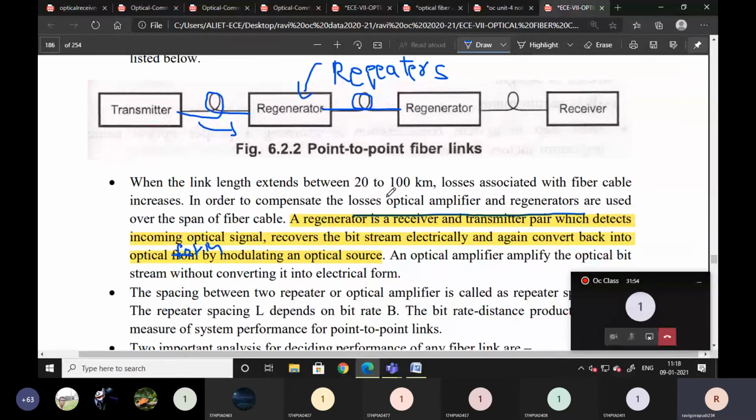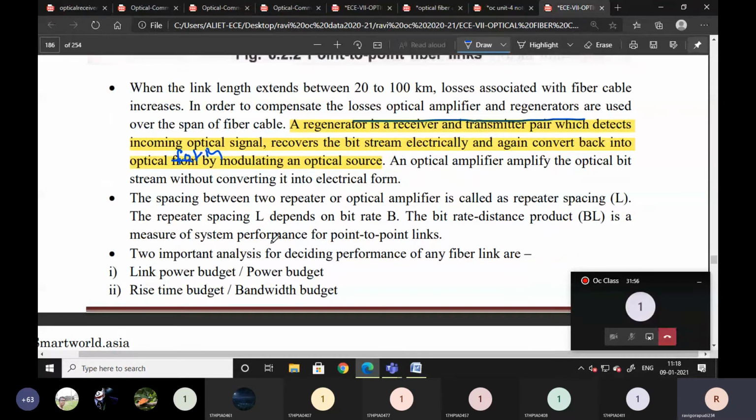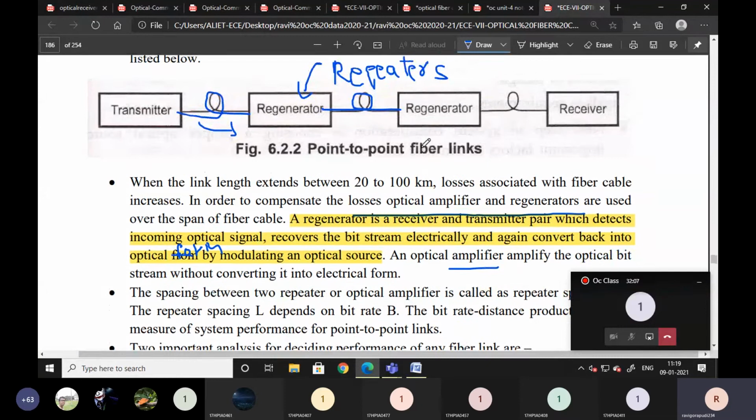This is the necessity of an optical regenerator. An optical amplifier amplifies the optical bit stream without converting it into electrical form. What is the difference between amplifier and regenerator? The regenerator converts the light signal into an electrical signal, recovers the signal, and then converts it into the same light signal by modulating an optical source.